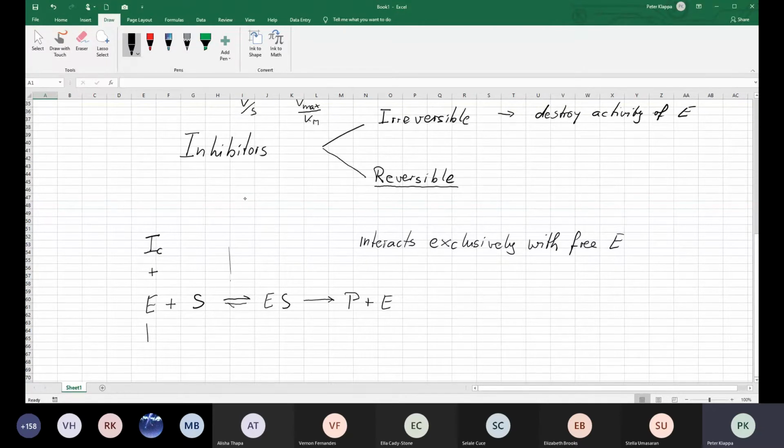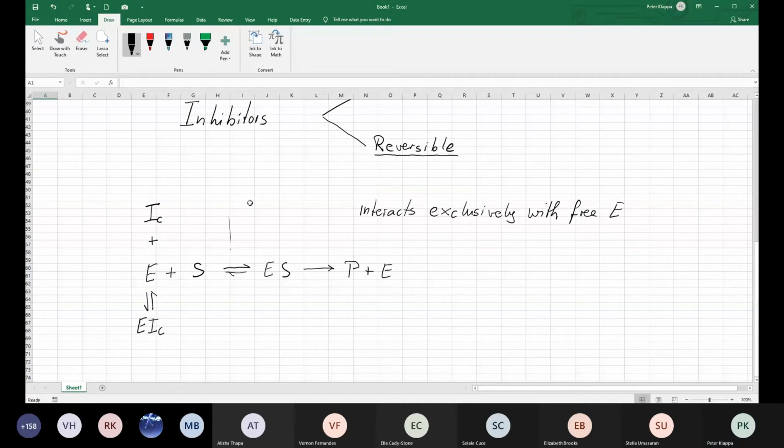And because it is a reversible inhibitor, I write something like that here. Enzyme and inhibitor, and they form an enzyme inhibitor complex. Okay? Are you happy with that, the way I've written it? Okay, I don't hear any dissent, so I assume that people are quite familiar with that.